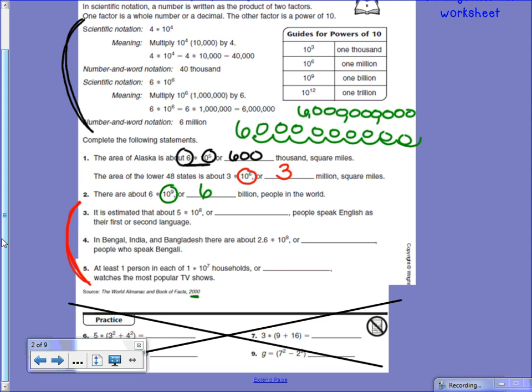Don't worry if you get stuck on one. We'll do them together. Yep, that's 3, 4, 5.